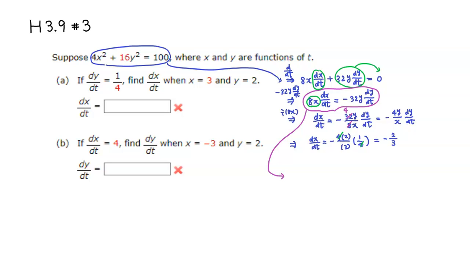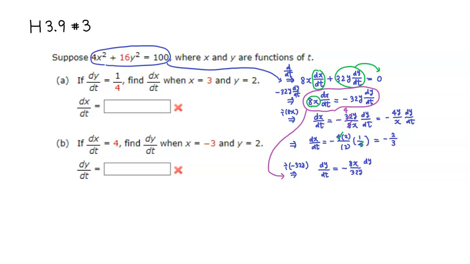So I'm going to divide through by negative 32y. That way we have dy over dt all by itself. Then we divide 8x dx over dt by negative 32y, so it's going to be negative 8x over 32y.